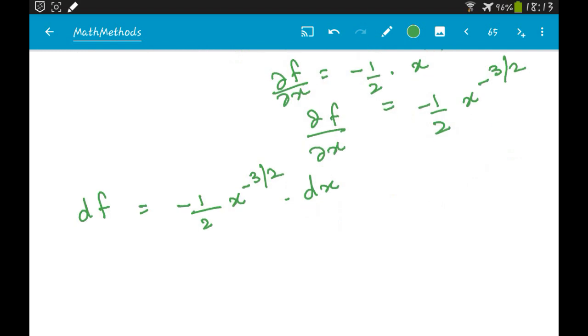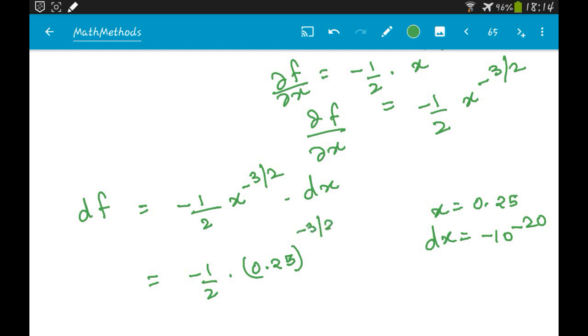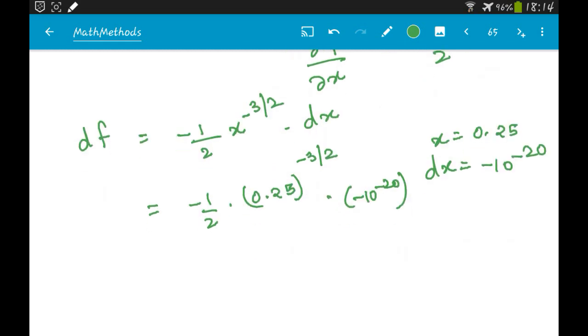So now we can just substitute the value. x was 0.25, dx is minus 10 power minus 20, right? So we get minus half into 0.25 power minus 3 by 2 into minus 10 power minus 20. This minus and this minus get cancelled. So we get half into 10 power minus 20 into 0.5 whole square into minus 3 by 2.